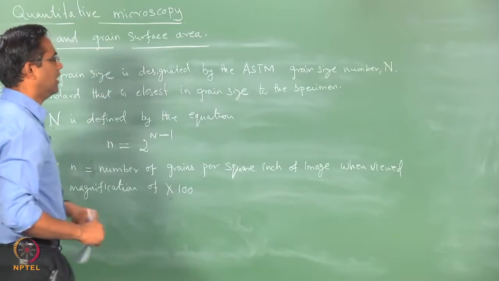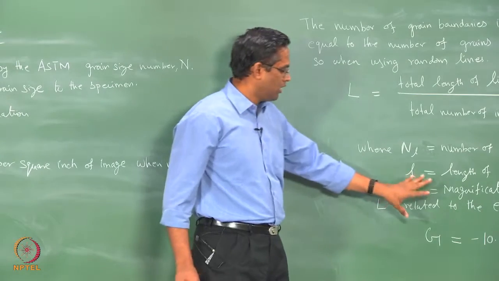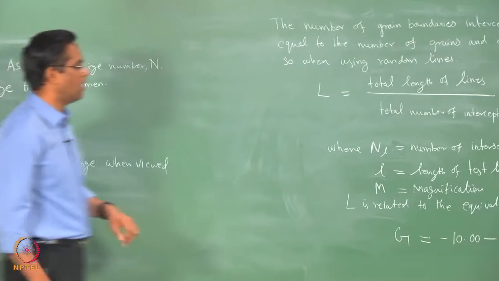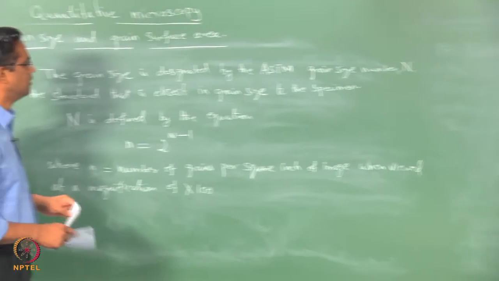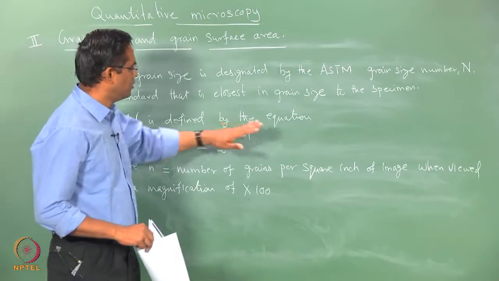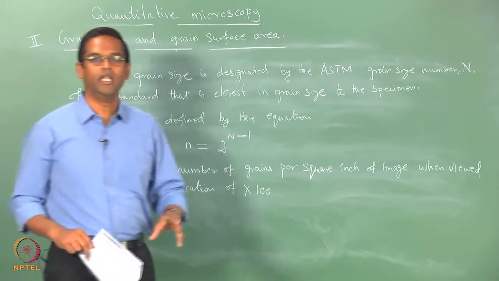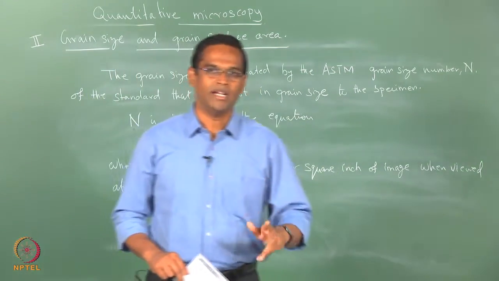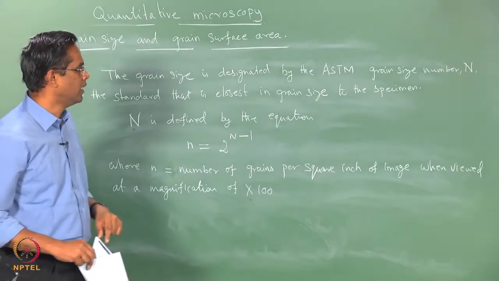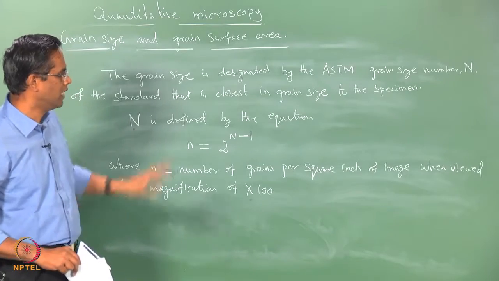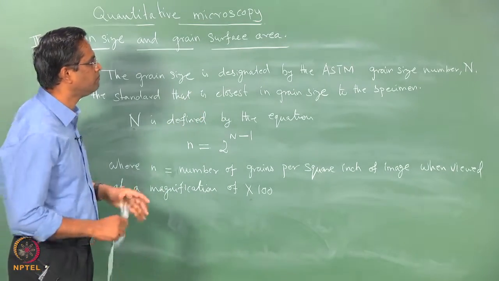I will also show some more rigorous methods of measuring grain size or particle size. I will also show some of these techniques, how they are used in practice, with some worked out examples. I am going to work out 1 or 2 problems in each category, so that you will appreciate what we are talking about.